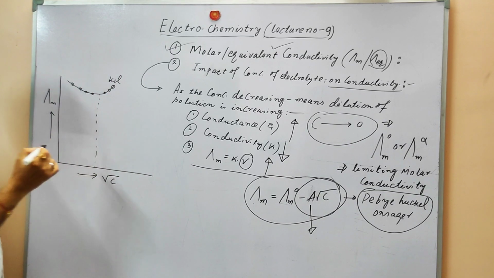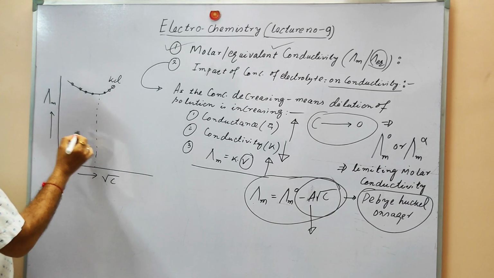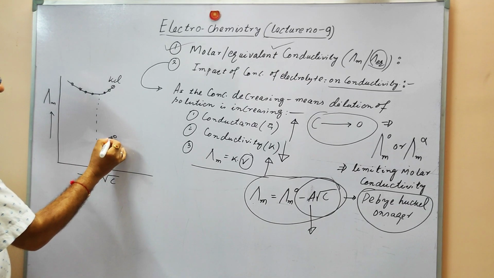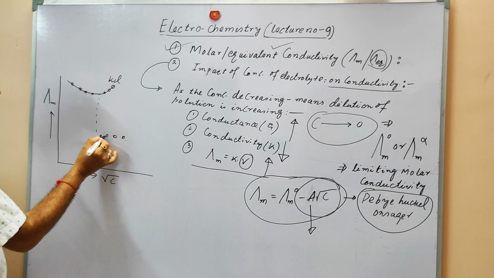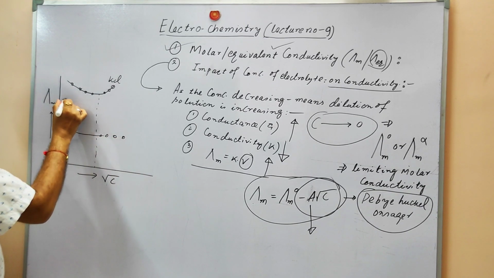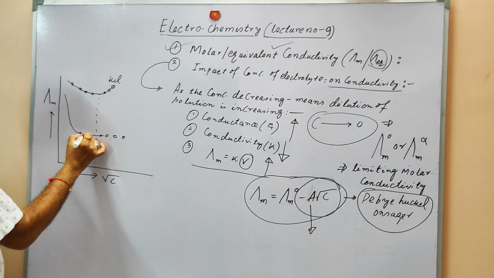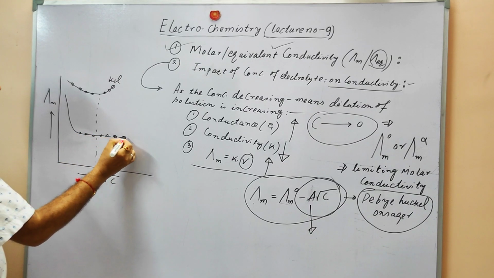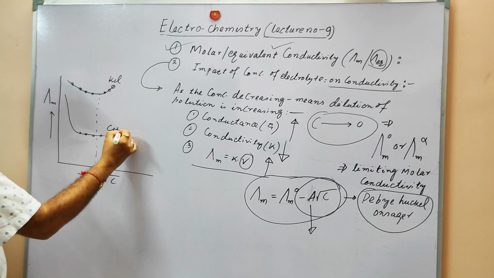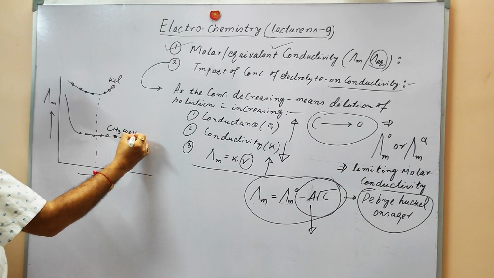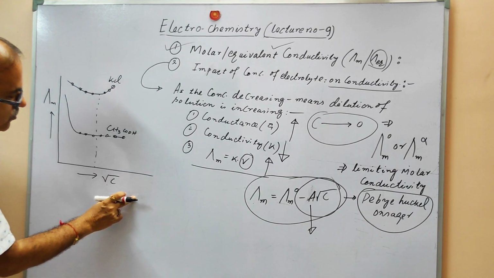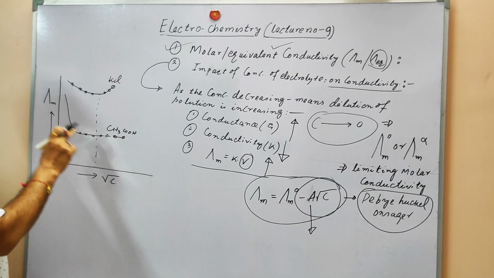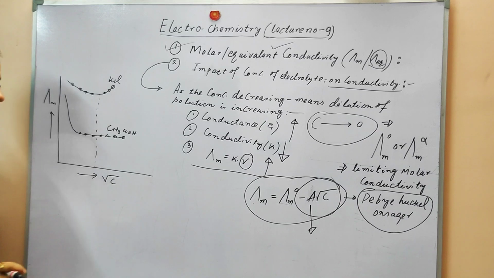For weak electrolytes, that is CH3COOH, this plot will be like this, and you can see there is a negative slope, because as we increase the concentration, the molar conductivity goes on decreasing.